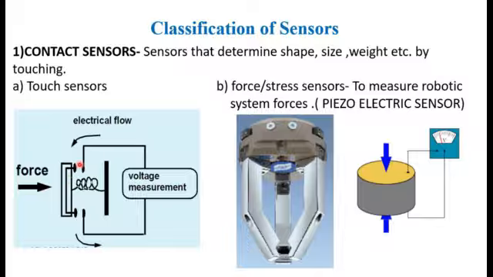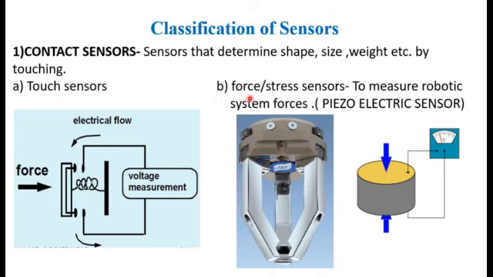When these two nodes come in contact, current will flow through this circuit, and this current is measured in terms of voltage. So the force applied is measured in terms of voltage. Whenever there is contact between these two points, only then will it be measured. Therefore touch or contact is required here. These are the contact sensors or touch sensors.